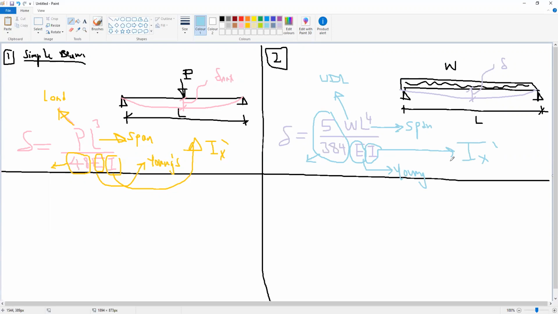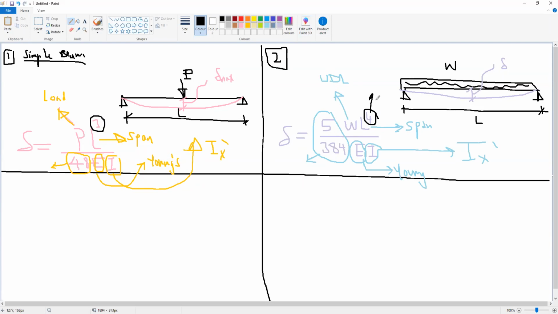Okay. So you need to keep in mind these two formulas for a simple beam with concentrated load in the middle and uniform load. If we look at these two formulas, you will notice that for concentrated force, L is to the power 3, but for uniform load, L will be to the power 4.